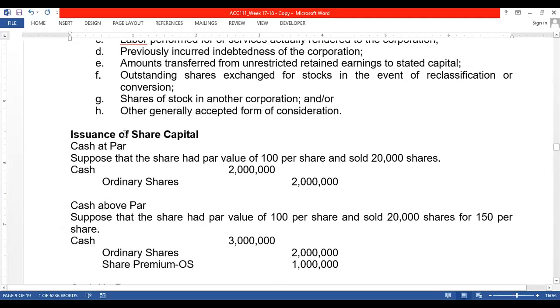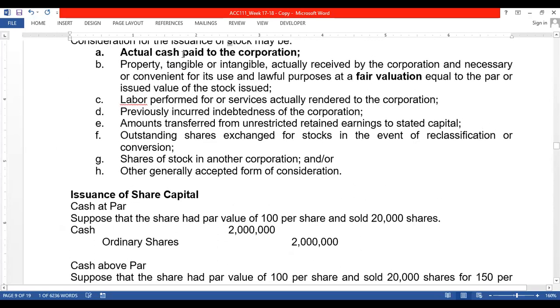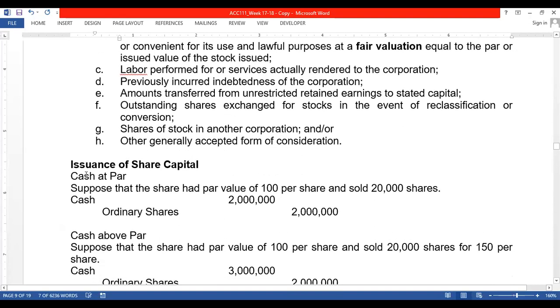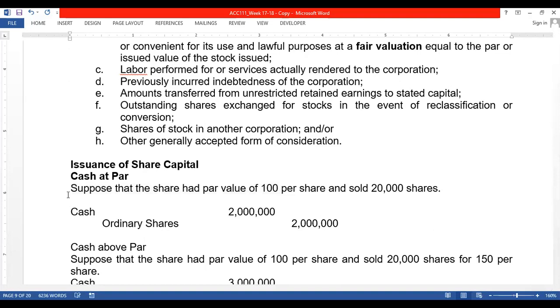So the first one, let's try this one. If merong issuance of shares of stock at cash payment, or cash paid to the corporation. So suppose, for example, the cash at par, suppose that the share had a fair value of 100 per share and sold 200,000 shares. So ano yung entry? Since you receive cash, you debit cash for 2 million.